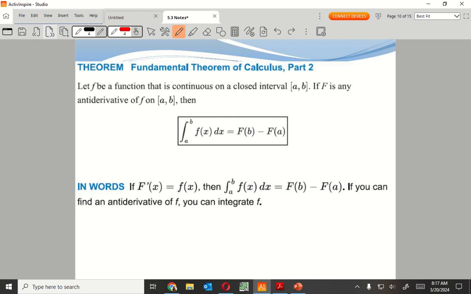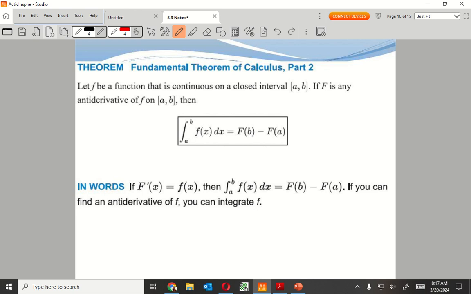So let f be a function that's continuous on the interval from a to b. If f, so they change it to a capital F now, of a function that we take a derivative of, it turns into a capital F, saying that we did take an integration of a lowercase f. And that's why it turns into this, and then it's b minus a, my top bound minus my lower bound. So in my interval, my second one minus my first one. Okay?